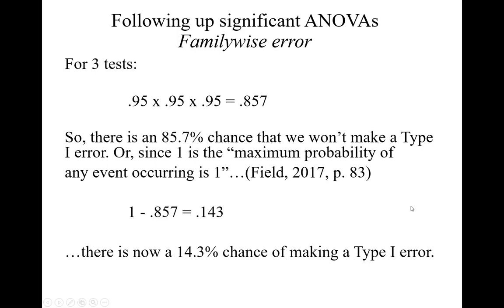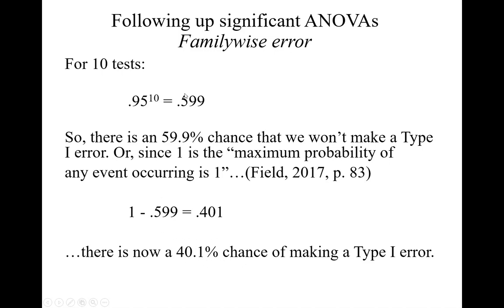So that's why we don't just run heaps of t-tests. We just inflate the chance of making an error. And here we go, if we run 10 t-tests, so 0.95 to the power of 10, we end up with 0.599, so a 59.9% chance that we won't make a type 1 error, or a 40.1% chance that we are going to make a type 1 error.